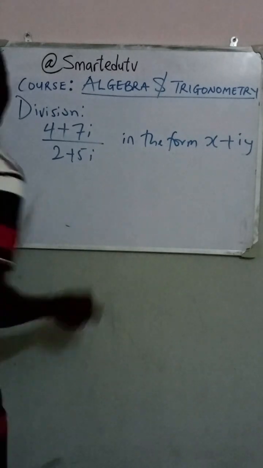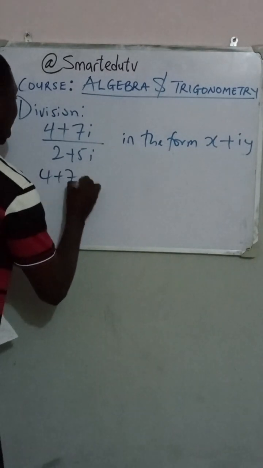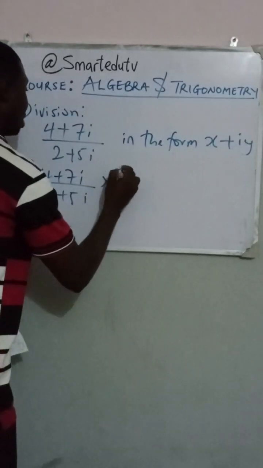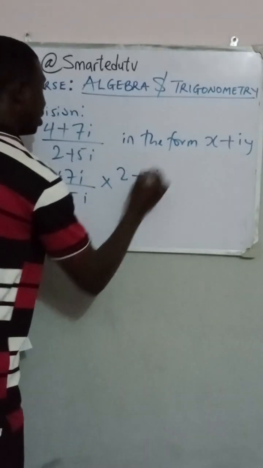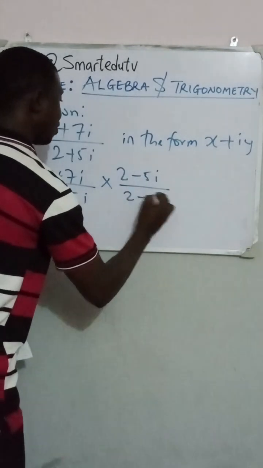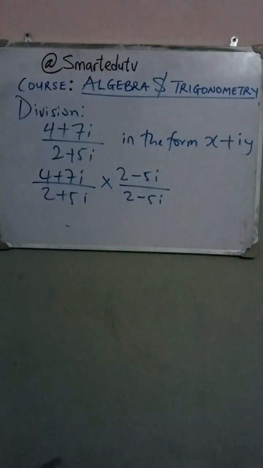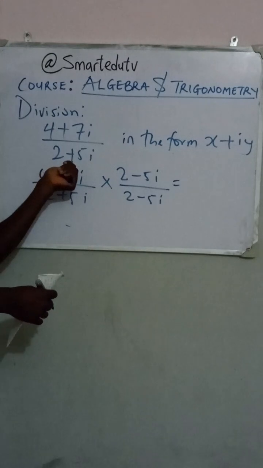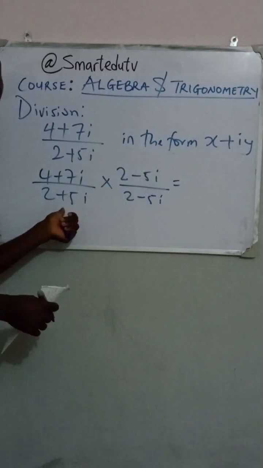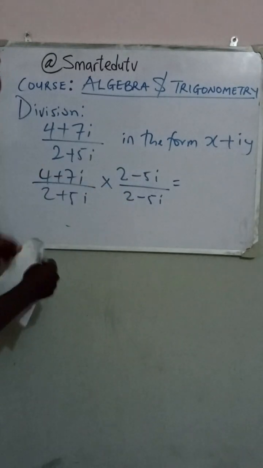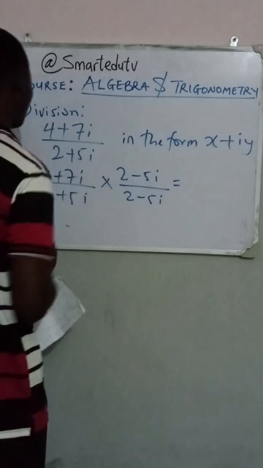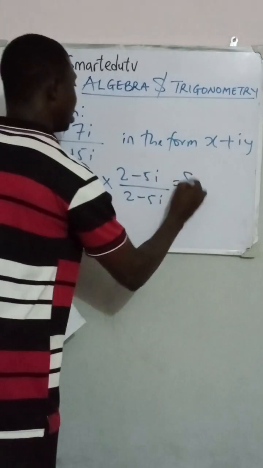This gives 4 plus 7i over 2 plus 5i multiplying 2 minus 5i over 2 minus 5i. I want to multiply these together. The upper side, let's start with this. 4 times 2 gives us 8.